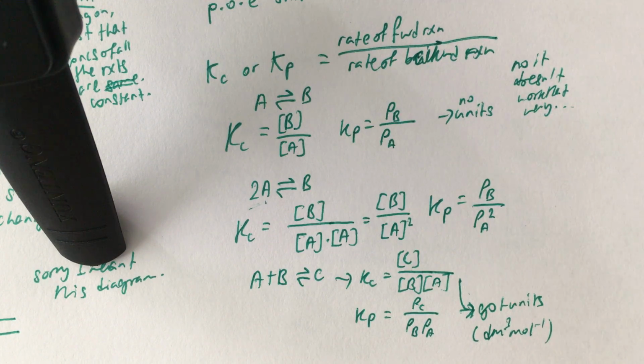It's rate of forward reaction over rate of backward reaction, and then from there you will get your concentration.